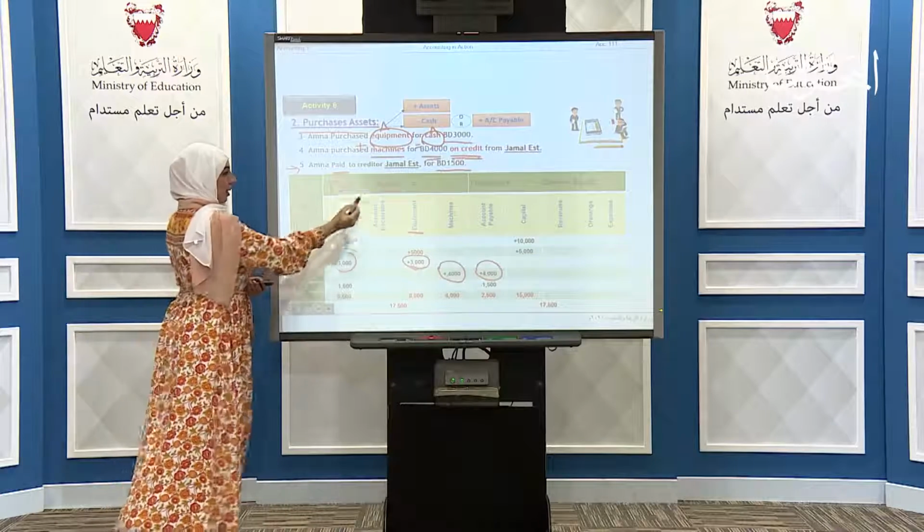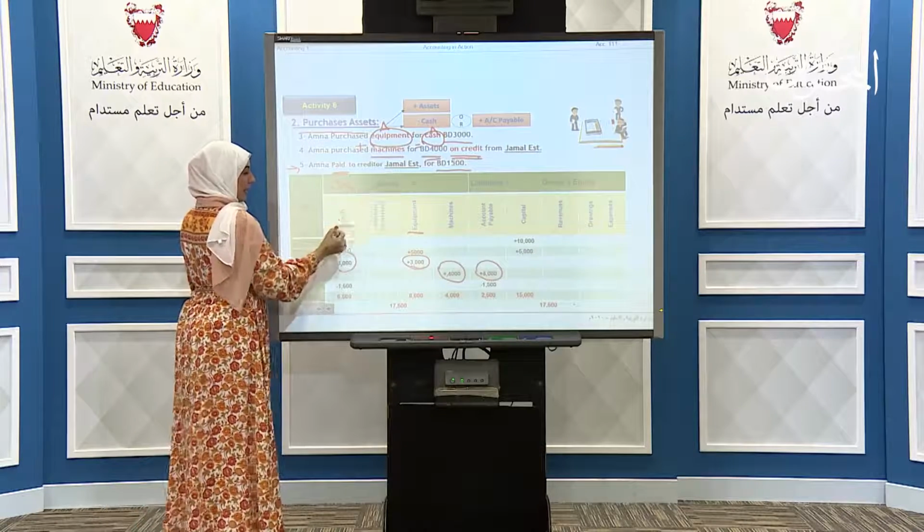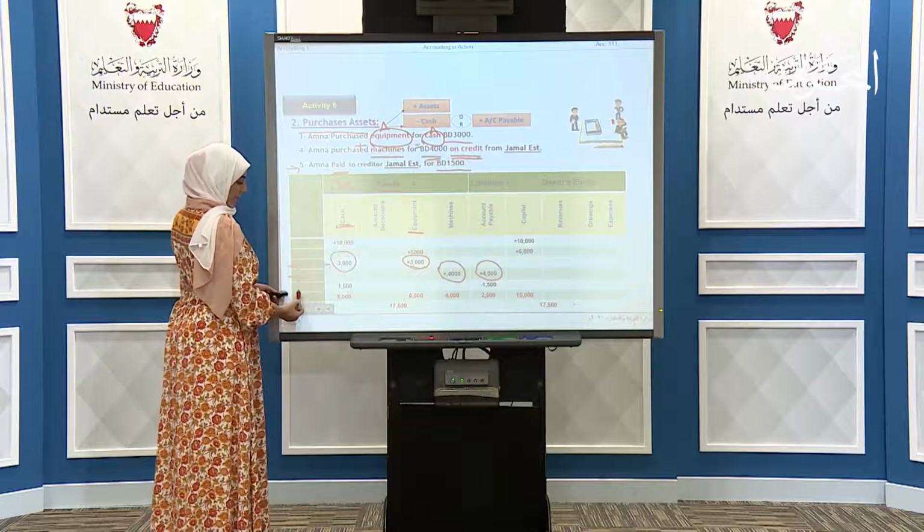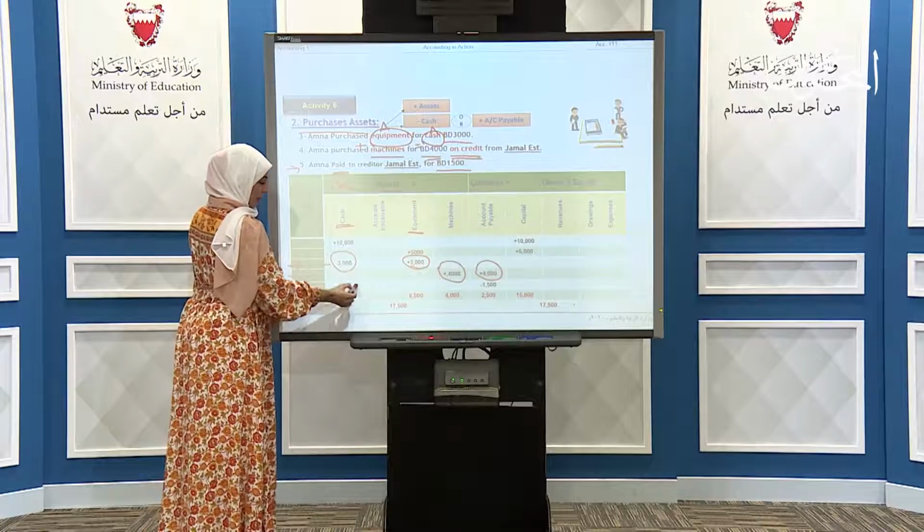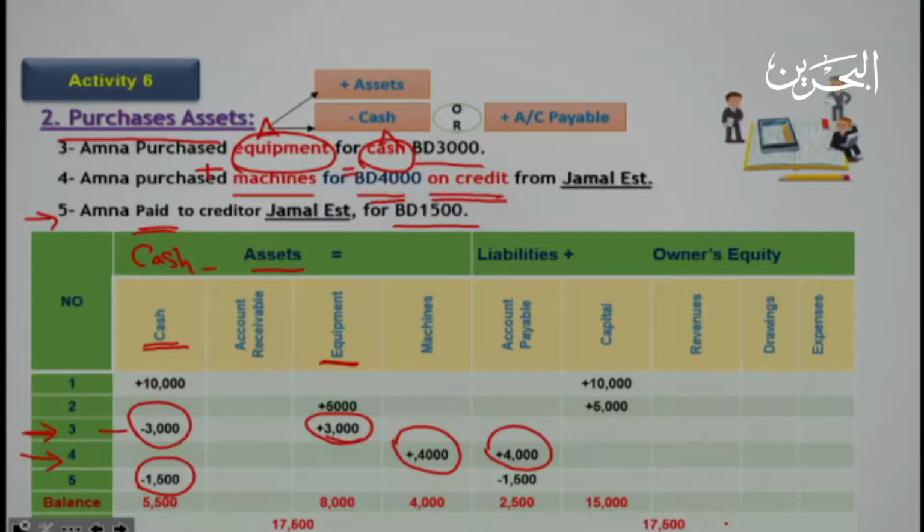So I will come to the asset section under the cash for transaction 5 and decrease the cash by 1,500. Then, if I pay the liability that I have, the liability will decrease, so I come to the liability section under the account payable and decrease it by 1,500.